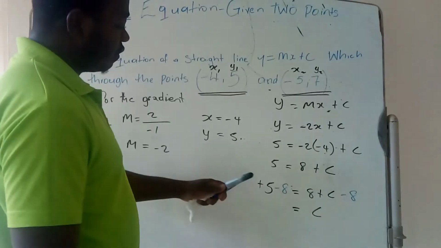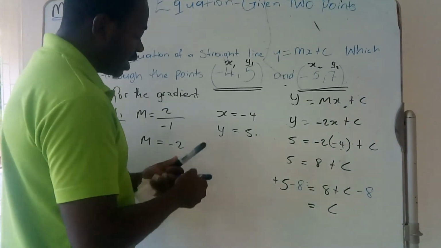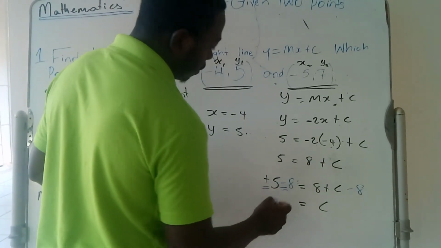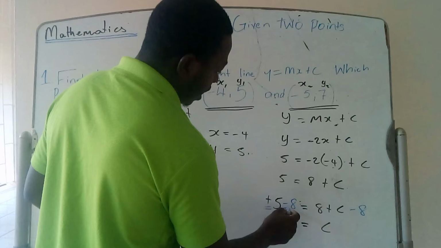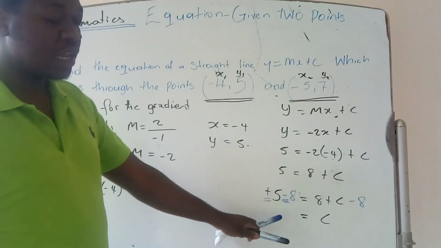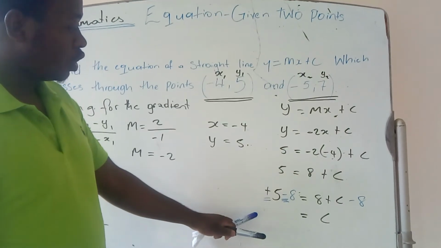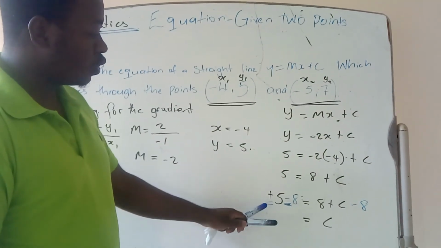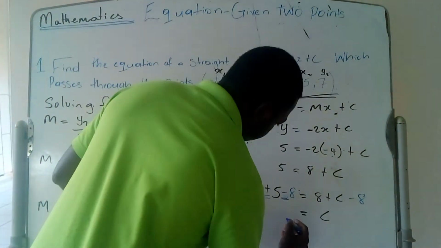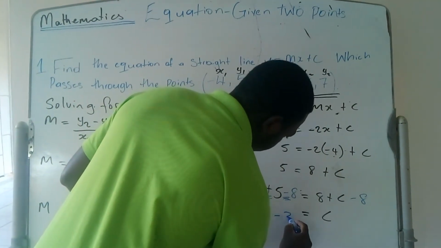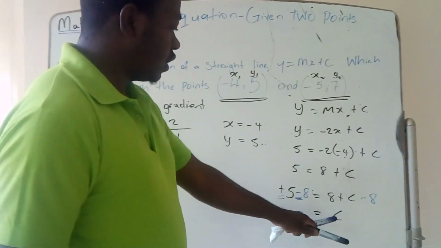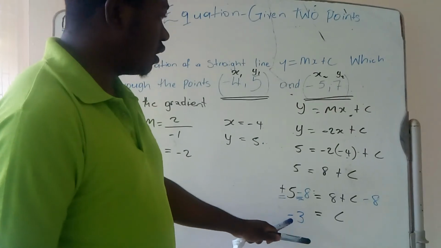And again, if I put the plus sign there, you can see that I have two different signs, which is a plus sign and a negative sign. Now whenever you have a plus sign and a negative sign, the rule is you subtract and keep the sign of the larger number. So 5 minus 8 gives us negative 3. So therefore c is equal to negative 3.